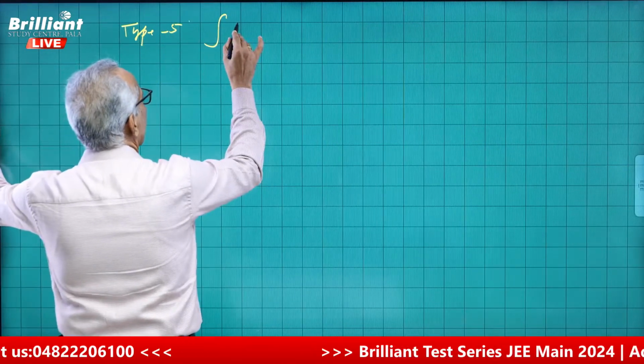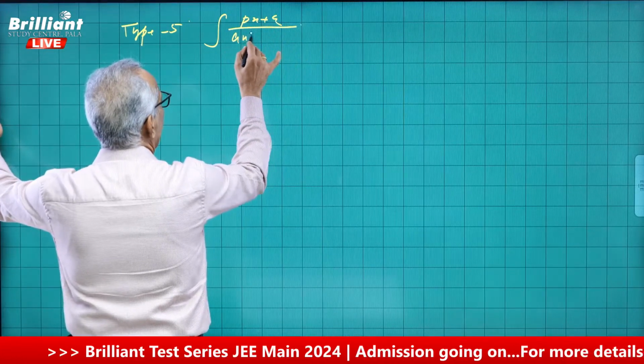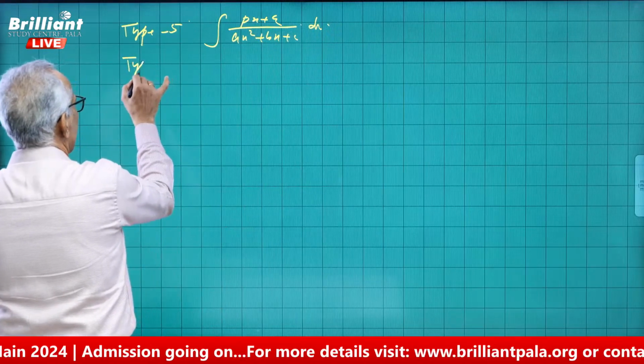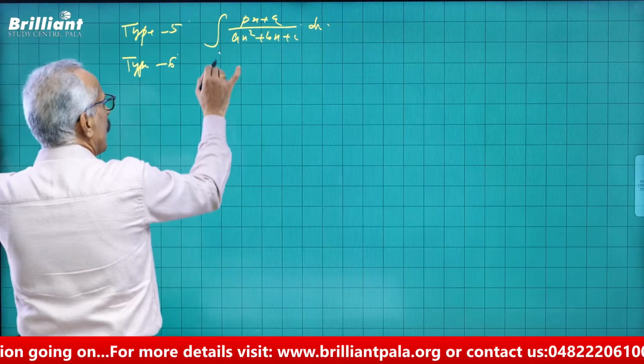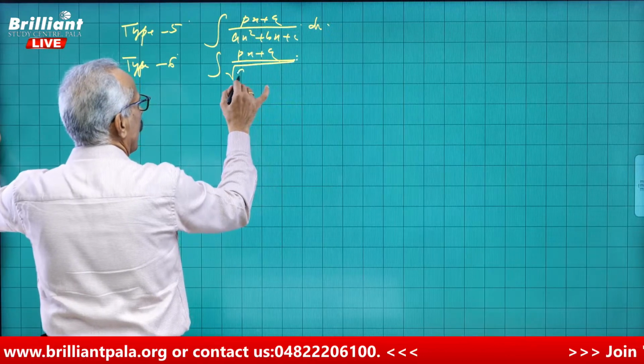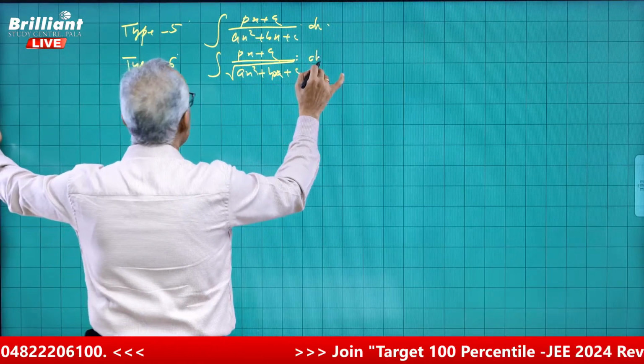Type 5, that is integral px plus q divided by ax square plus bx plus c dx. Type 6, same, integral px plus q divided by square root of ax square plus bx plus c dx.